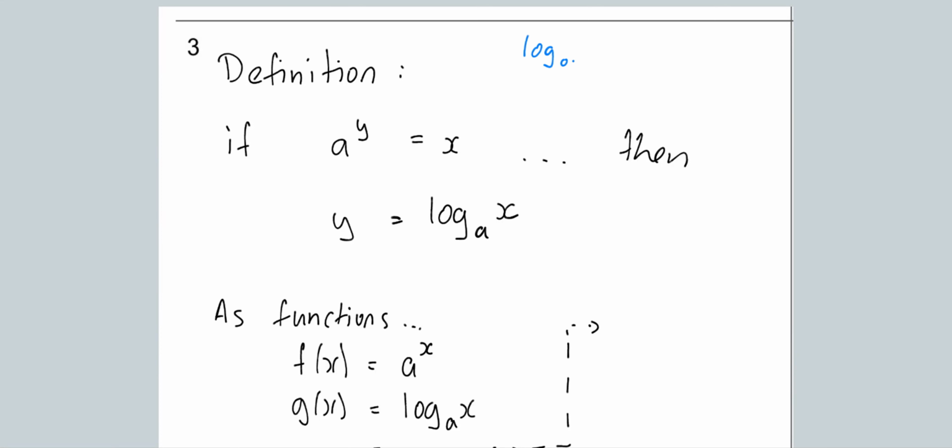Log base 4 of 2. I'll take hands up this time. All right. 4 to the power of what equals 2? The square root of 4 is 2, so 4 to the power of a half is equal to 2. So you can get decimal numbers and fraction numbers.